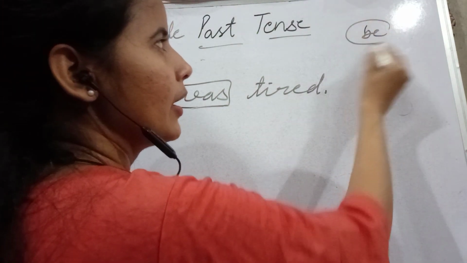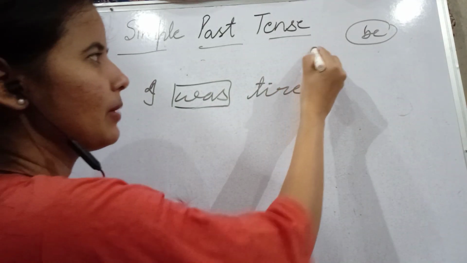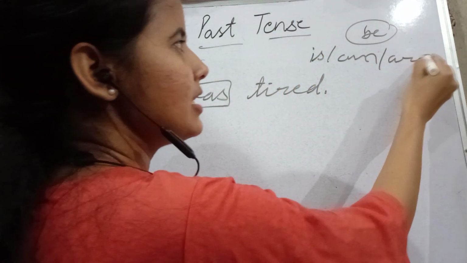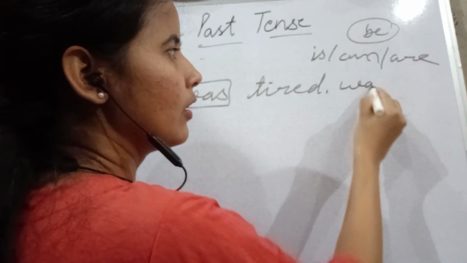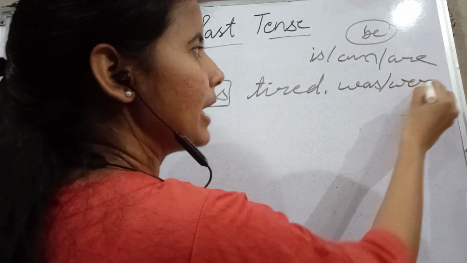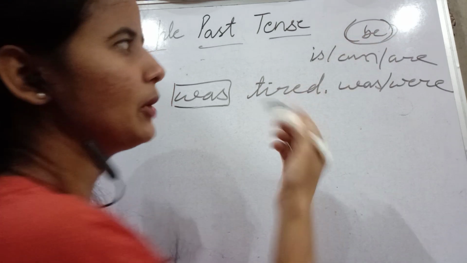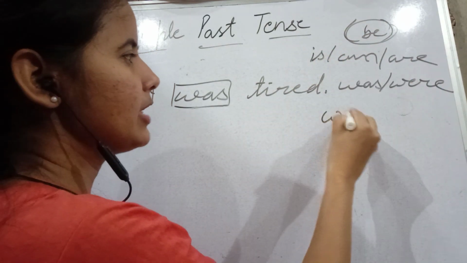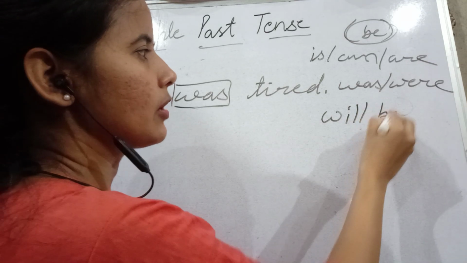Be form means in present it will be is, am, are, and in past it will be was, were. Whenever you are given a blank and in the bracket you are given the be form, then you have to fill in is, am, are in present, was, were in past, and will be and shall be in future.